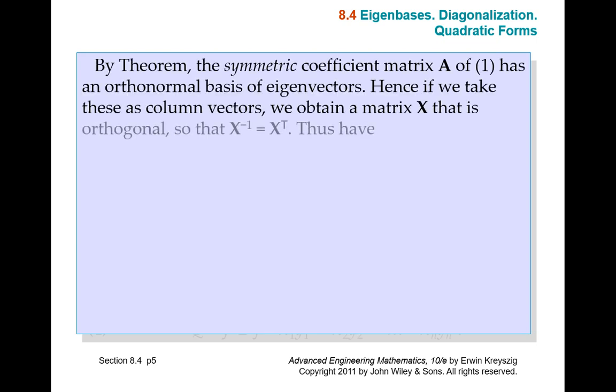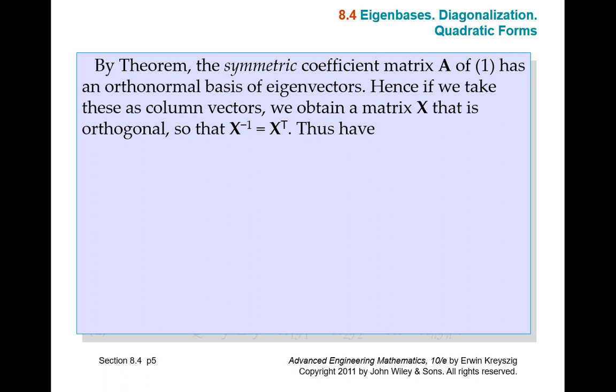Now let's consider a theorem. The theorem says that if you have a symmetric coefficient matrix A, it has an orthogonal basis of eigenvectors. Hence, if we take these as column vectors, we obtain a matrix X that is orthogonal, so that X inverse is equal to its transpose.